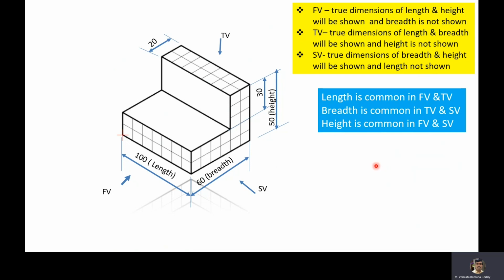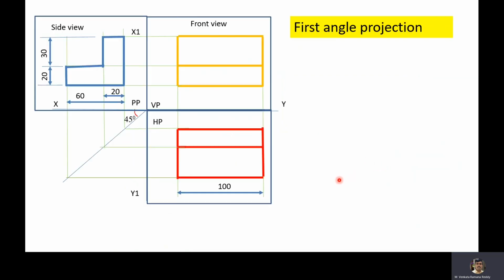Now we'll see what we mean by first angle projection. The first angle projection is nothing but the object is placed in the first quadrant, then we'll get front view above the XY line and top view below the XY line and side view on the profile plane that comes adjacent to the front view, either on the left side or right side depending upon the view chosen.